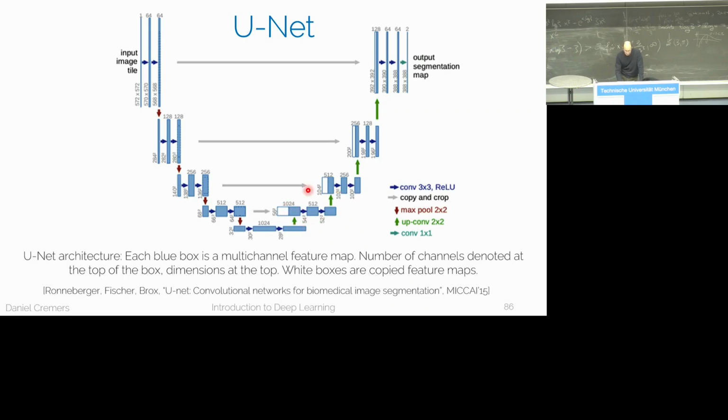So you get even more channels, and the white block is always basically copy pasted over from the same resolution there. And that means the output looks at the various coarsened versions that extract the semantic information, but it also looks at the same resolution input. And so it gives you access to both the downsampled feature maps, but also the features from the original resolution. That's the idea here.